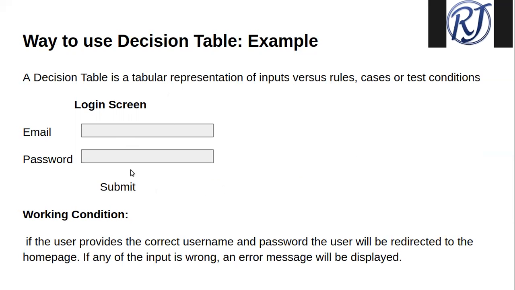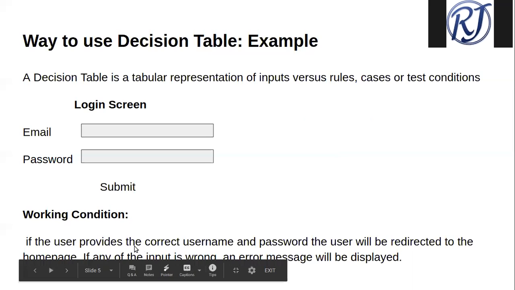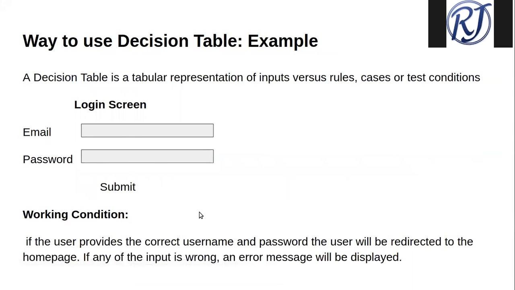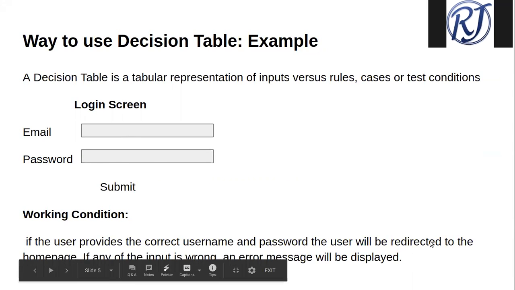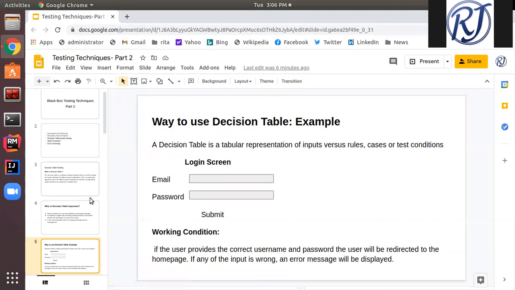Let's suppose the working condition for this login form is: if the user provides the correct username or email, here username means email, and password, the user will be redirected to the home page. If any of the input is wrong, an error message will be displayed.